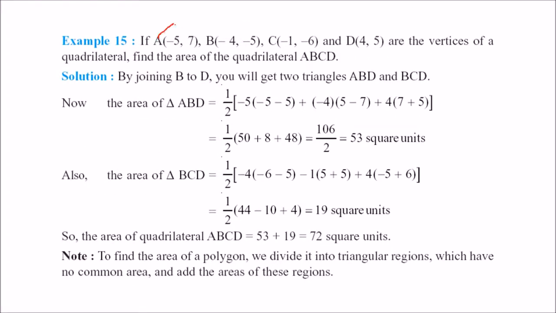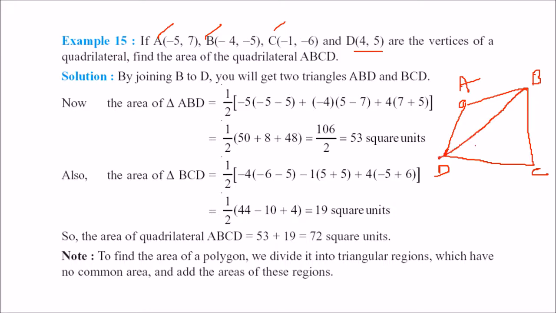If you have points A, B and C, and there is a point D, 4, 5, these are the 4 vertices of a quadrilateral. Find the area of the quadrilateral. So if this is a quadrilateral, I am making some random quadrilateral, say. How can you find out the area? These points are given. Say this is A, this is B, this is C and D. So the best way is to join a line. Now this area you can find out.